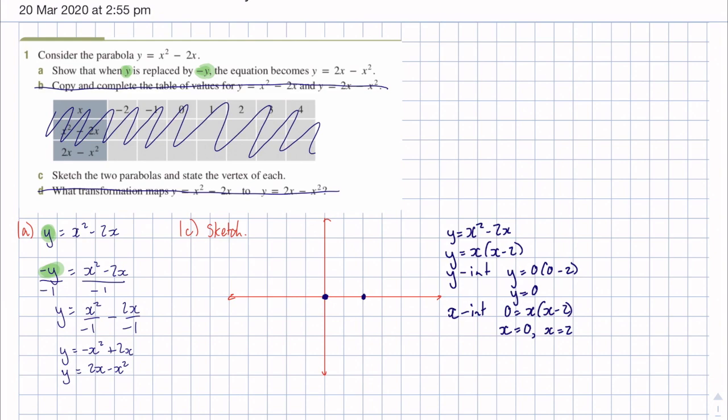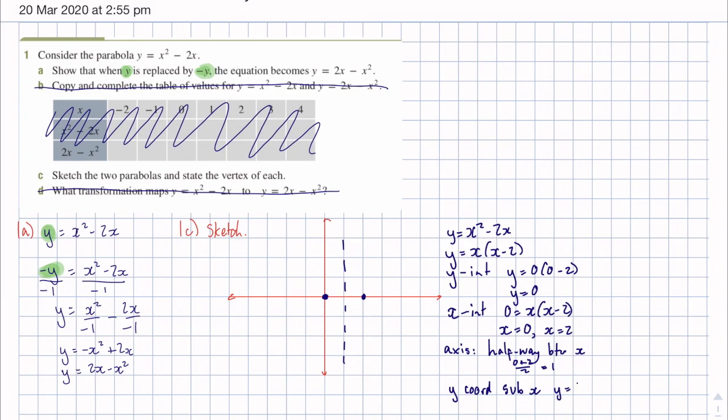And the axis of symmetry, halfway. So we have 0 plus 2 over 2, so it's just going to be 1. And the y-coordinate, sub in x.